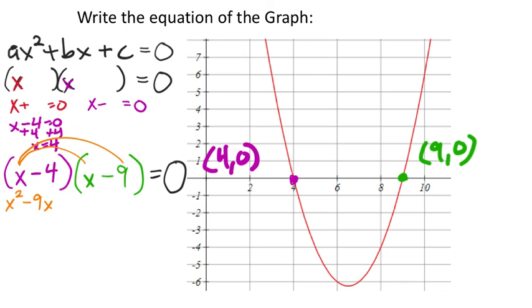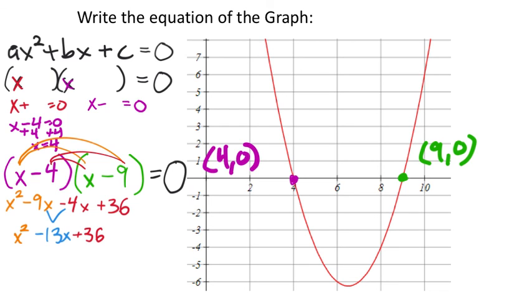Then I got this distribution right here with negative 4 times x, which is negative 4x, and also negative 4 times negative 9, which is positive 36. Even though that's equal to 0, I'm pretty much ignoring that equal 0 business, and I just look to combine my like terms. Negative 9x minus 4x is negative 13x. Of course, I still got the x squared and also the positive 36.